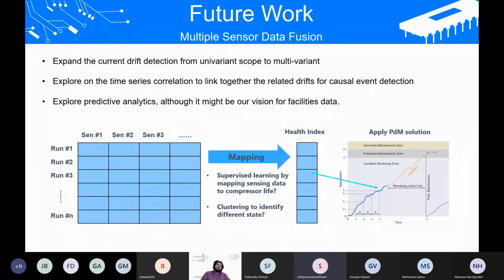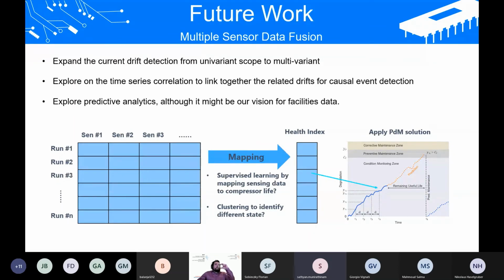The second one is how do we determine the remaining useful lifetime, given that health indication, and say, I think this should go to maintenance in another 3 or 4 weeks, right? That's the sort of approach we want to come up with.